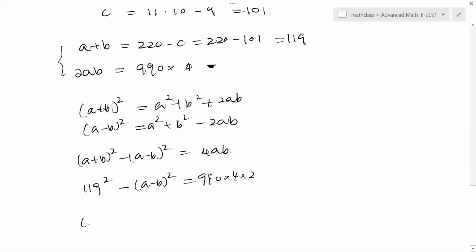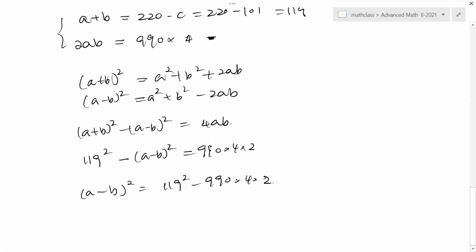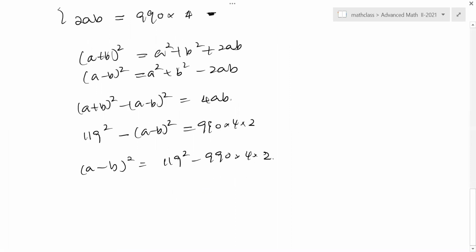So A minus B squared is going to be 119 squared minus 990 times 4 times 2. Okay, so I think you can find A minus B from here. Then you take a square root, right?